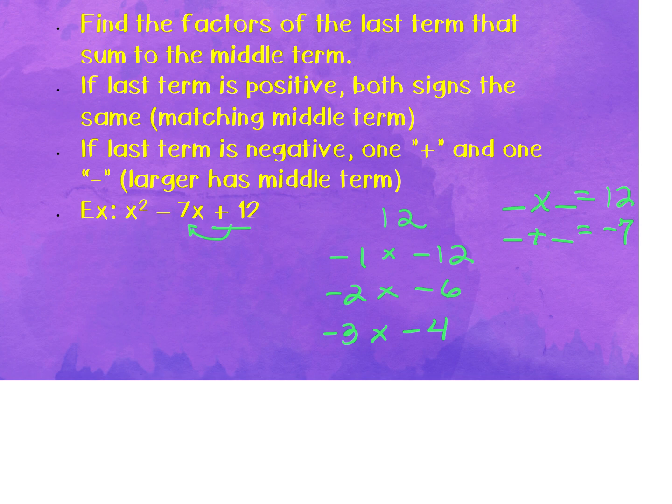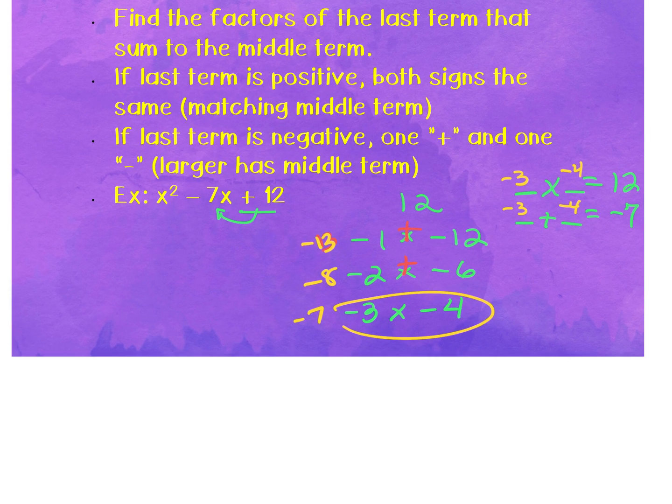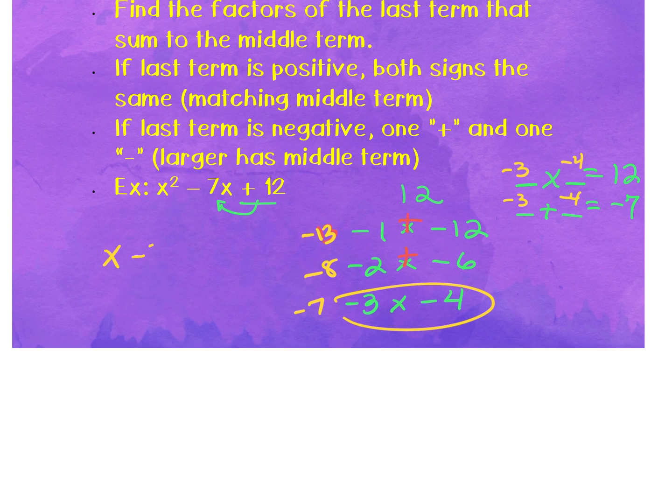And if you go back now and add these factors, I get negative 13 here, negative 8 here, and the magic combination was the negative 3 times the negative 4. Because when I multiply that, I get positive 12, but when I add it, I get negative 7. So my factors are going to be x minus 3, x minus 4.